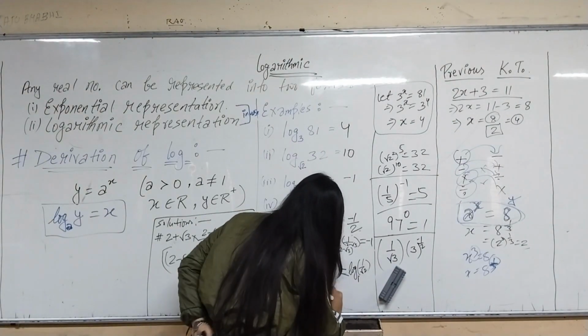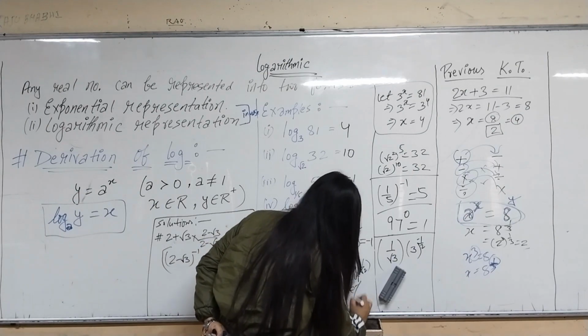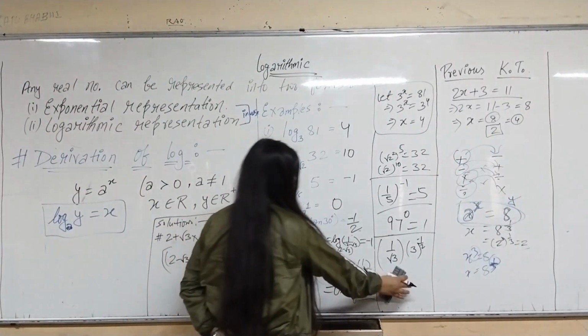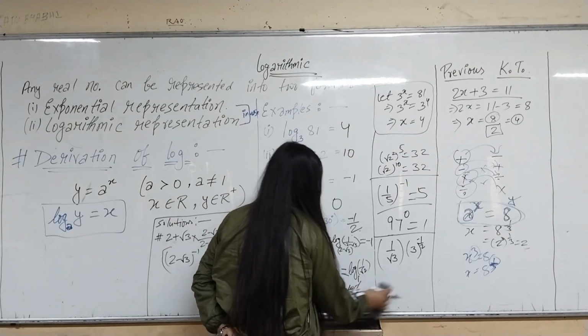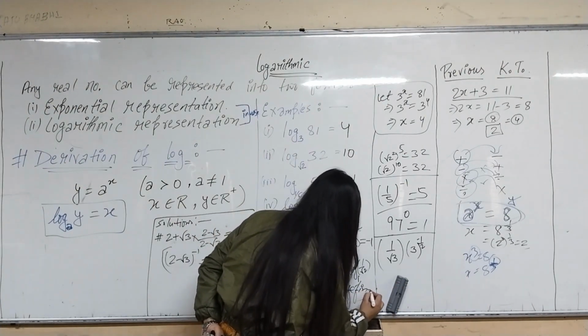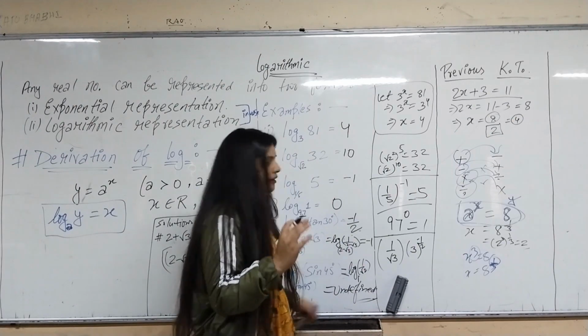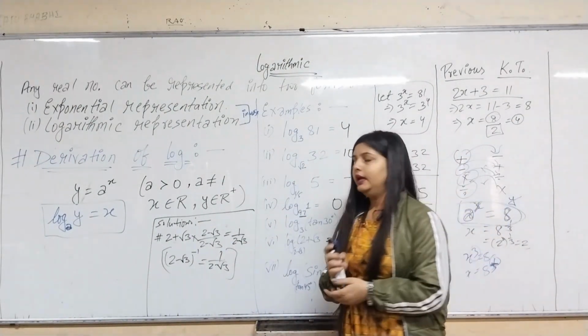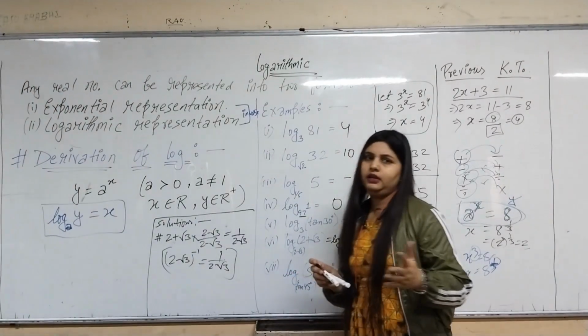We are going to write undefined. That means this thing cannot be explained. Everything has some meaning, but everywhere there will be some exception that cannot be defined.